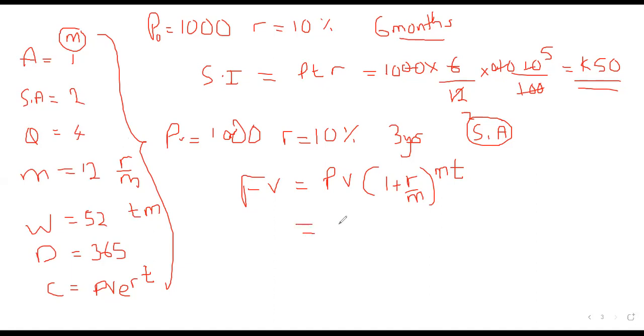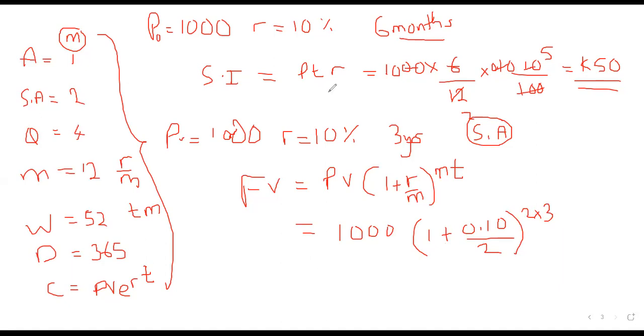Our present value is 1,000. Our interest rate is 10%, so 0.10. Semi-annually means how many times are you compounding? Twice. And these 2 here will multiply by the number of years.